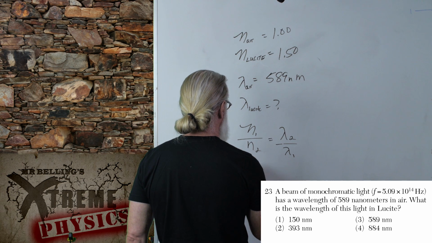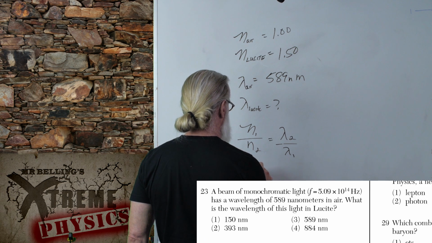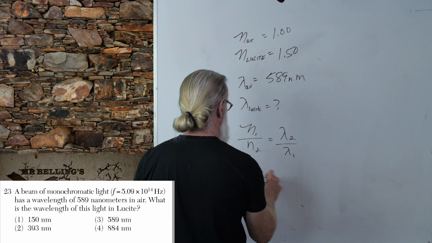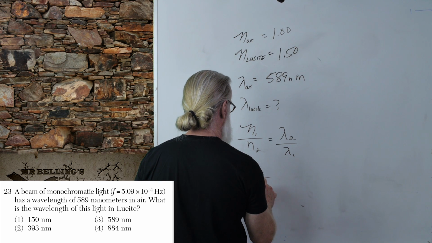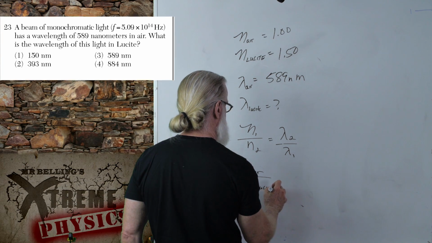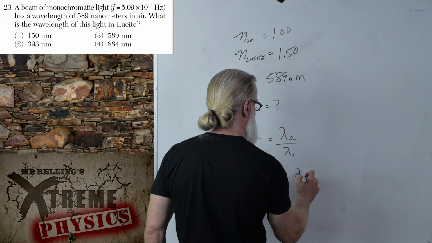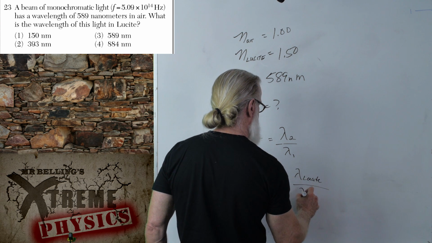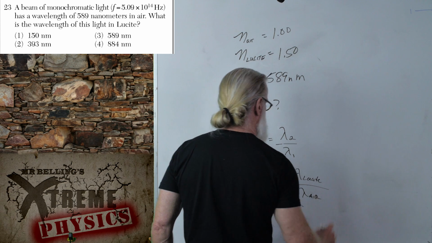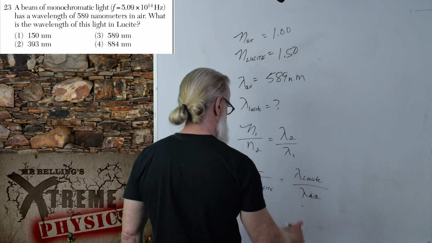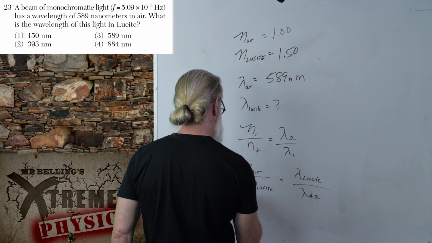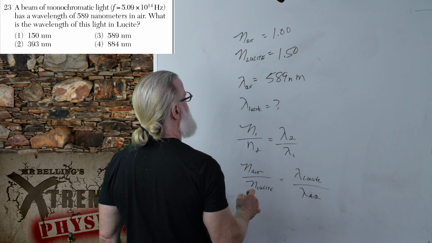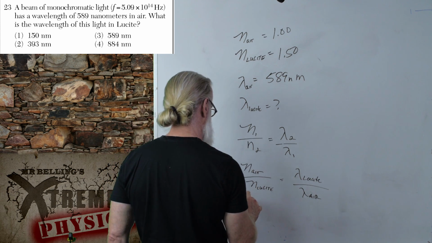So I'm going to go index of refraction in air over the index of refraction in lucite equals the wavelength in lucite divided by the wavelength in air. So all we need to do is solve this for the wavelength in lucite.